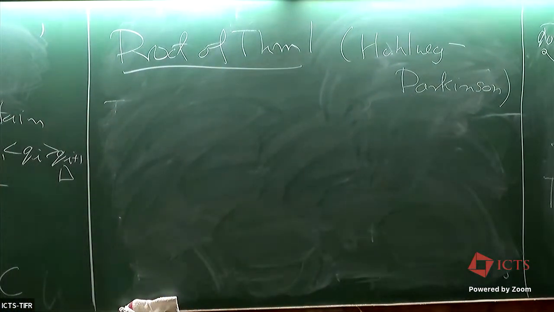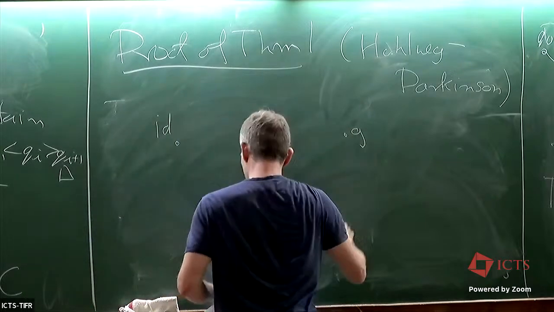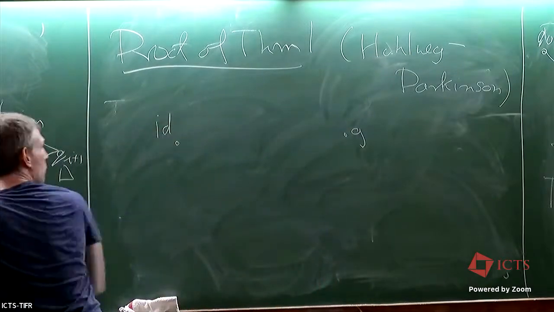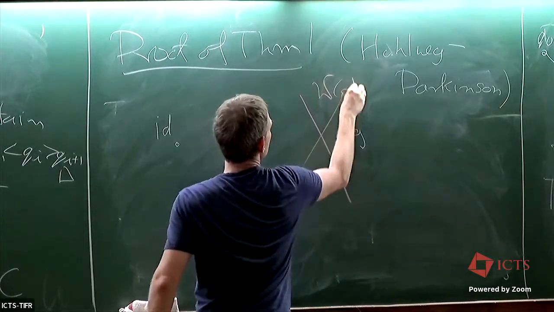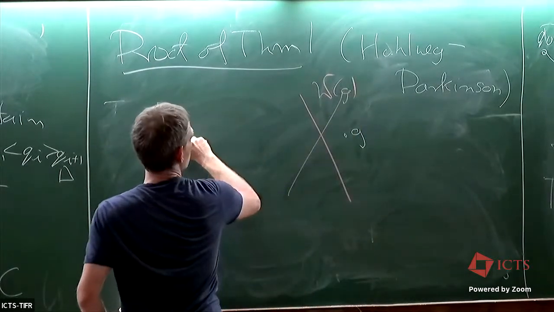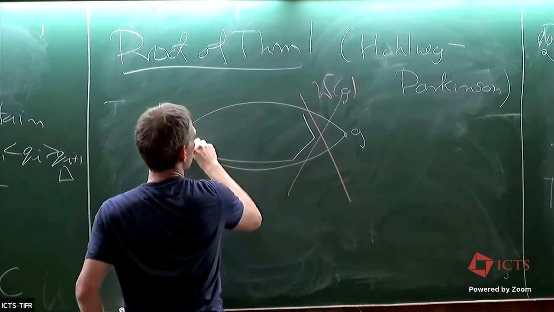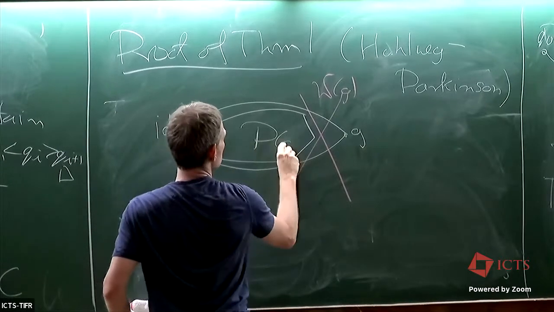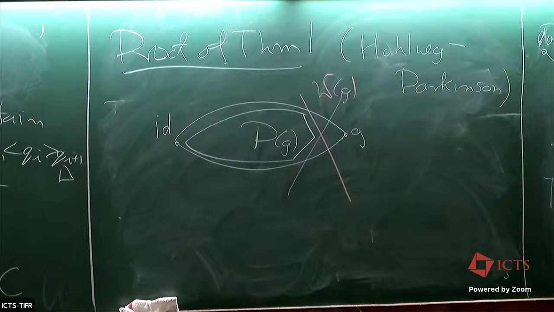I don't have the definition of P on the board anymore, so let me draw it again. We had identity, G. We had those closest walls, curly W of G, to G. We had the geodesics, and P of G was this set cut out by the geodesics on the left. We need to prove that this P of G contains a largest element.